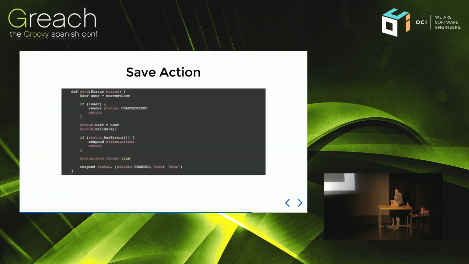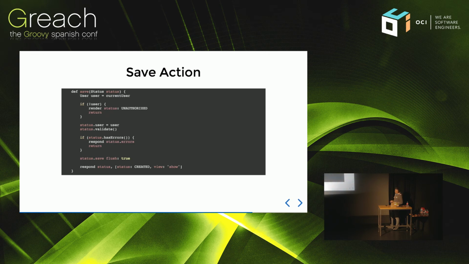Okay, something more complex. Oh, not that much. But for example, we can have the save action here, and we want to test the save action. So, okay, we use some Grails binding here. So the status is bound by Grails. Then we somehow get the current user, who is logged in.